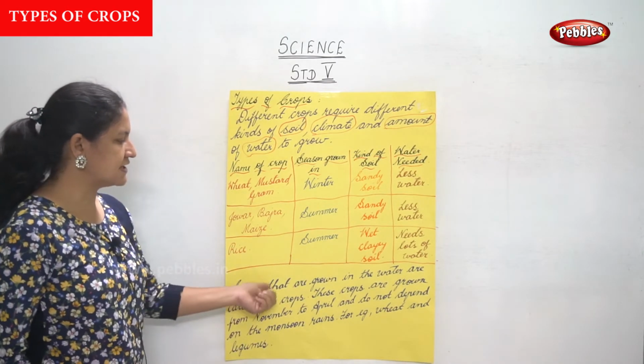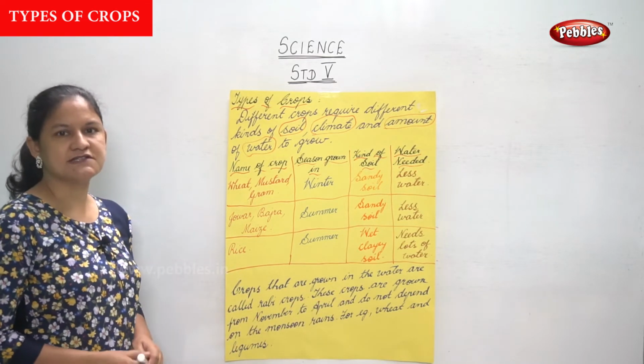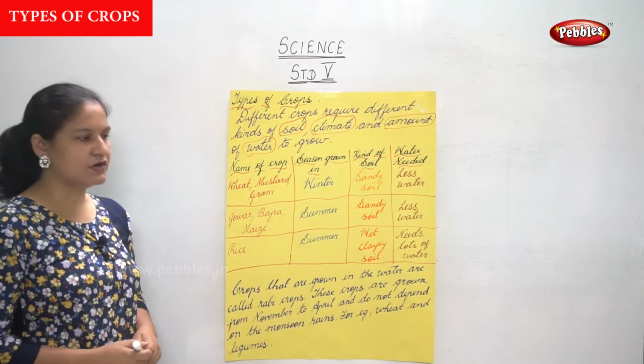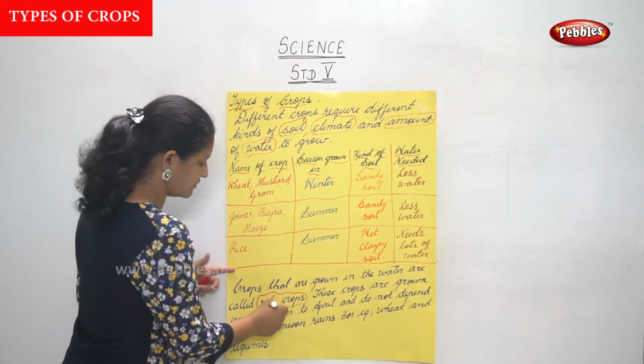So crops that are grown in the winter are called Rabi crops.